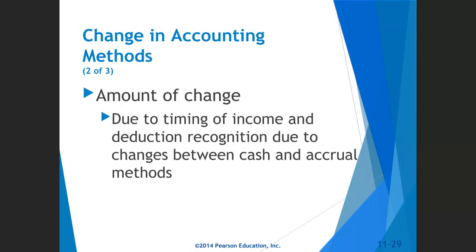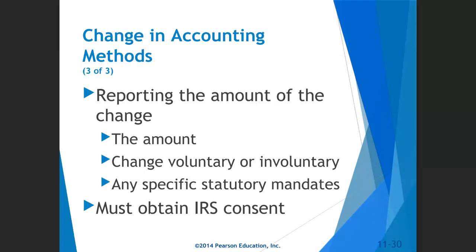A change in accounting method usually results in duplication or omission of items of income or expenses. The net amount of change must be taken into account. A positive adjustment is added to income, whereas a negative adjustment is subtracted from income.